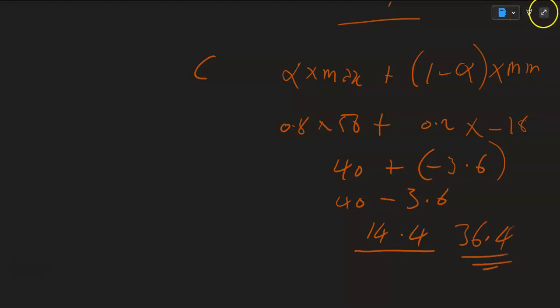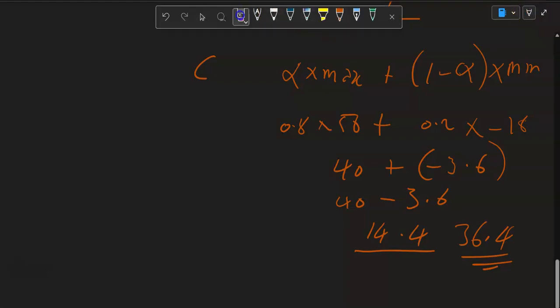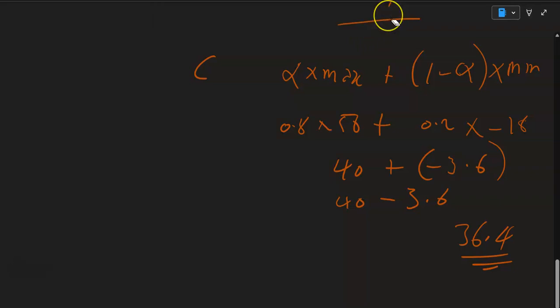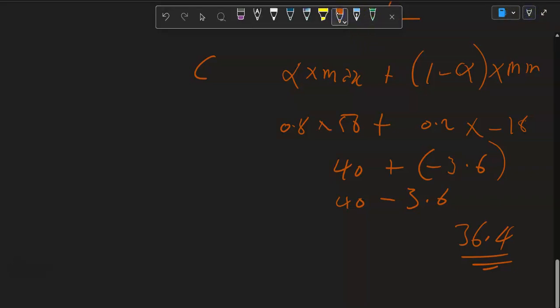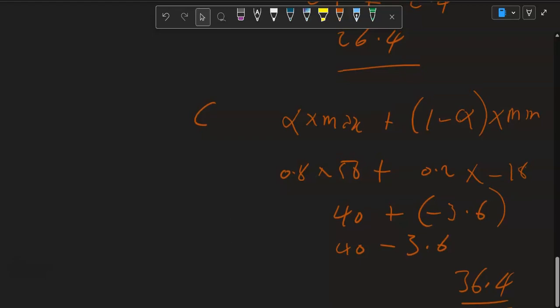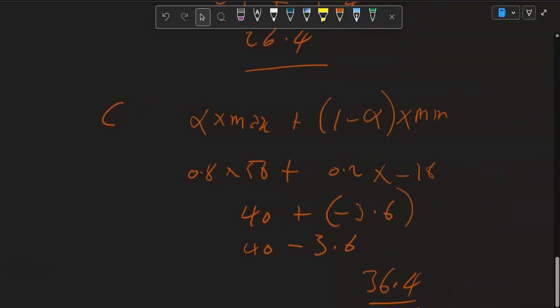Apologies on that one. Now, which one is the biggest amongst these? You realize that 36.4 is the biggest. Hence, the investment alternative that you would opt for is C.